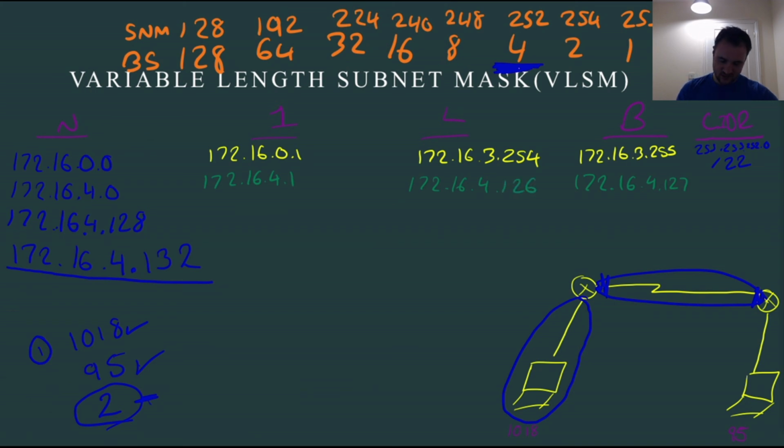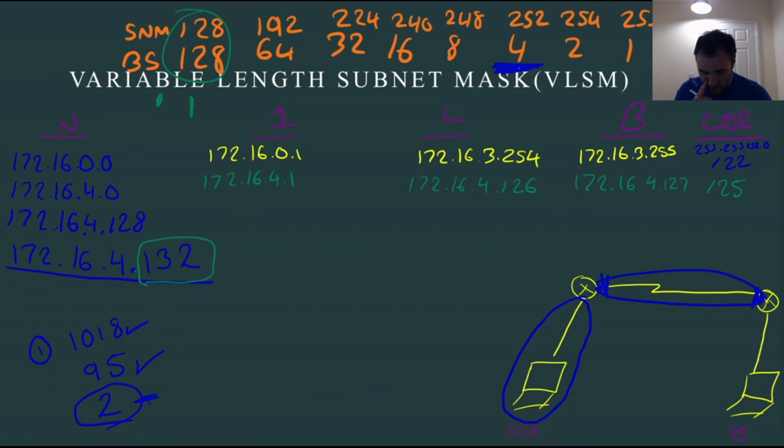And now this one is within the Class C, the last octet that we're playing with, so that's now past 24, so 24, 25, so that's a /25.